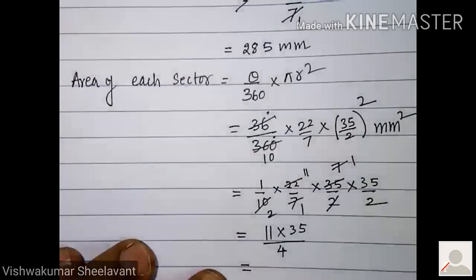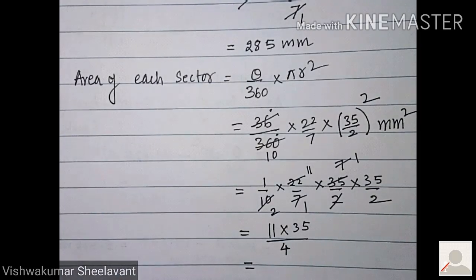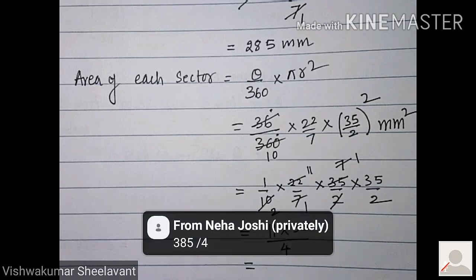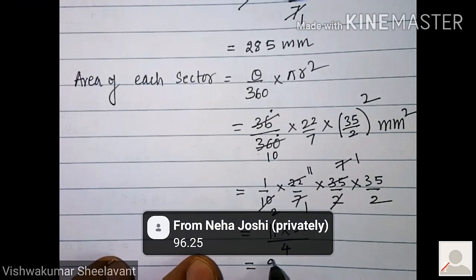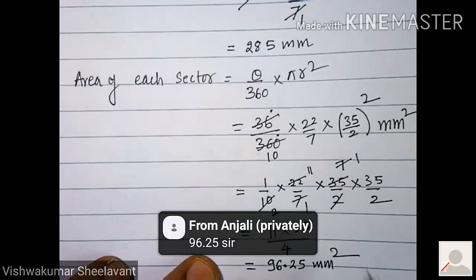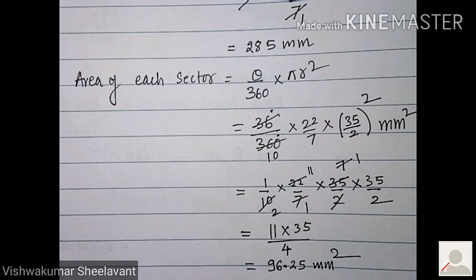That is equal to 385 by 4. 385 by 4 you have to calculate. Yes, 96.25 is correct. So area of one sector is 96.25 millimeter square.